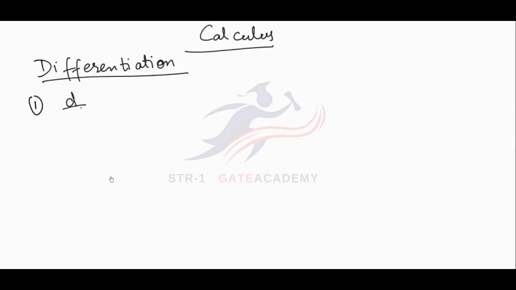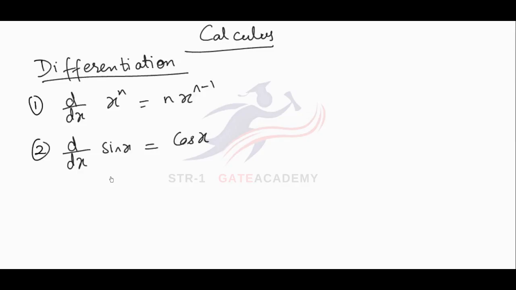Like if I say dy/dx of x raised to n is nothing but n x to the power n minus 1. What is dy/dx of sin x? dy/dx of sin x is cos x. Cos x would become minus sin x.